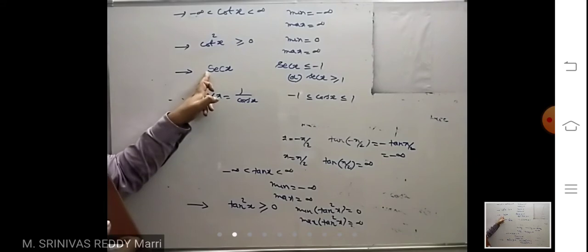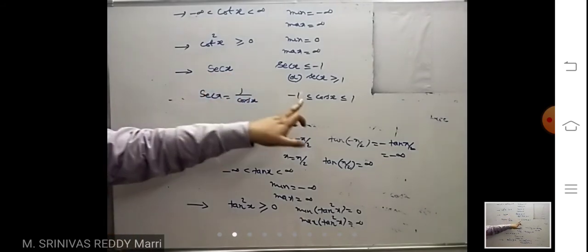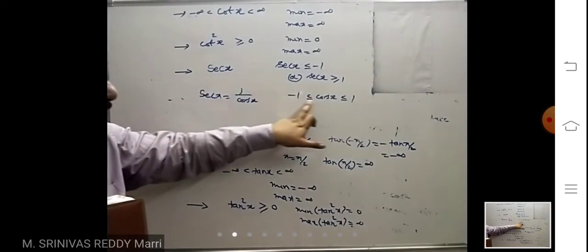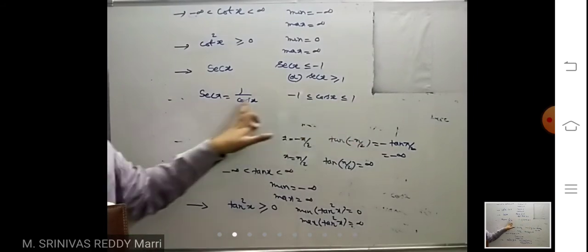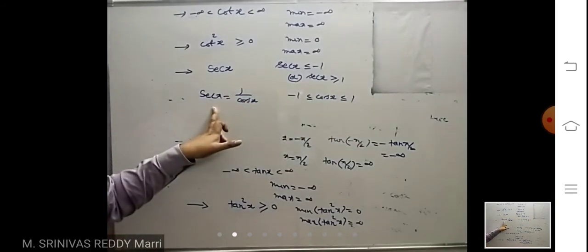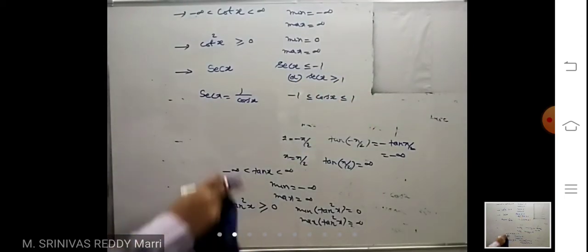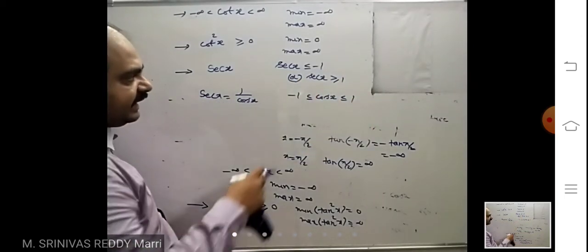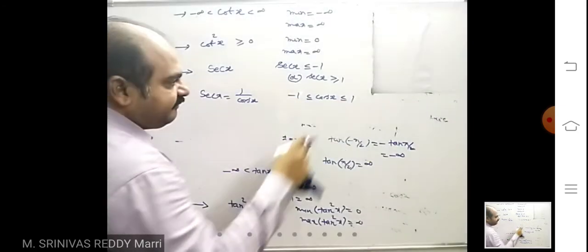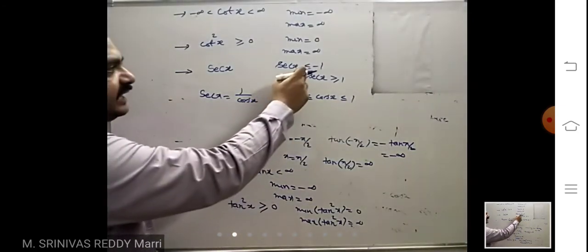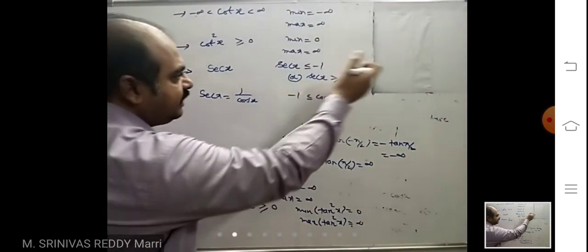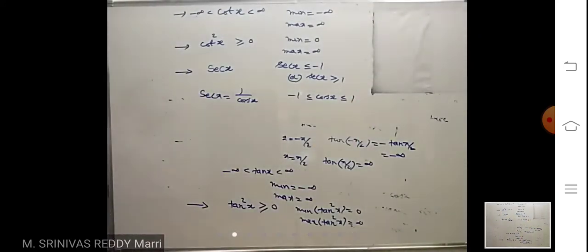It cannot lie between minus 1 and 1, because the denominator lies between minus 1 and 1. That means secant x will never lie between minus 1 and 1, so it is either less than or equal to minus 1 or greater than or equal to 1.